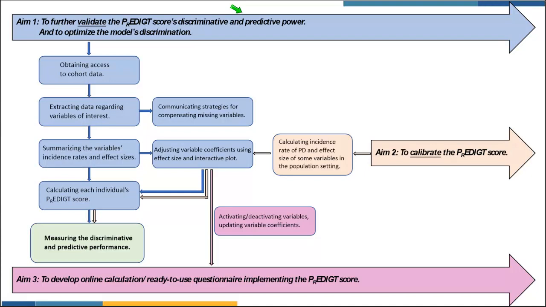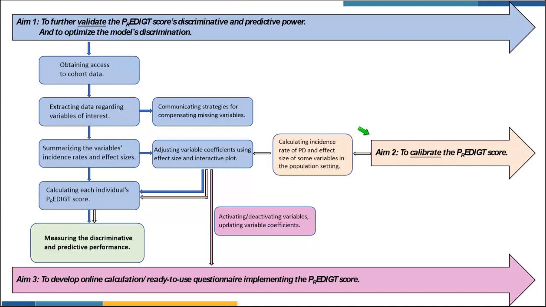This kind of cohort is perfect for testing the model's predictive power. We have a group of people, we don't know who will have PD or who will not, and we follow them long enough to see who will eventually convert to PD, and this will help us test the model's predictive power.